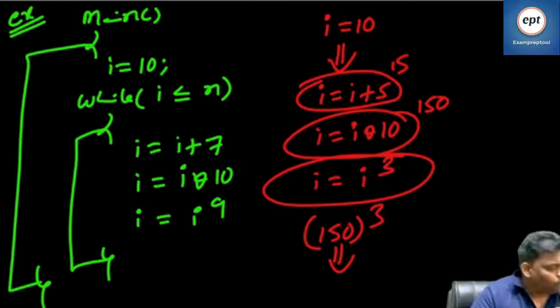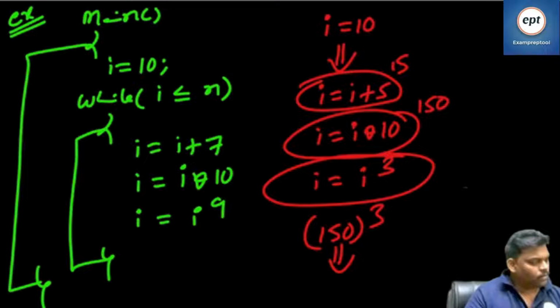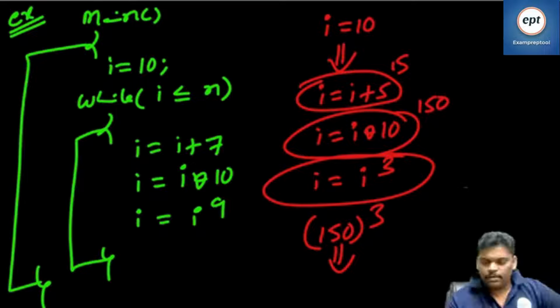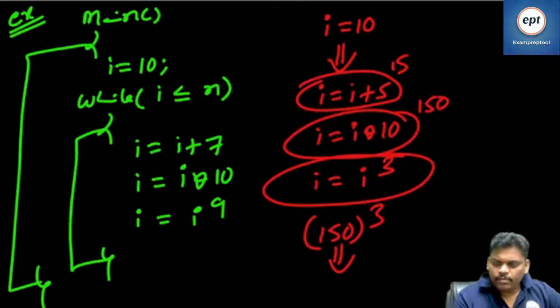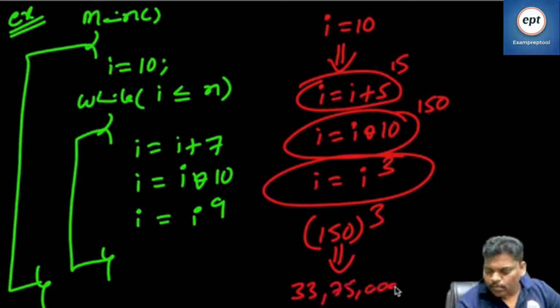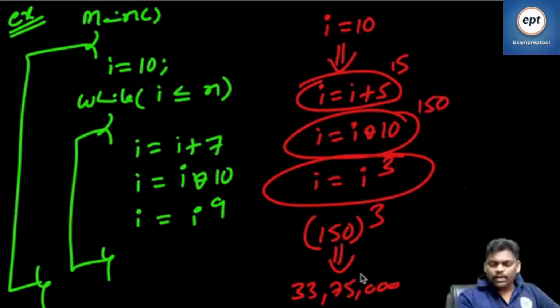150 into 150 into 150, some big number. I think it is around 33 lakh 75,000.